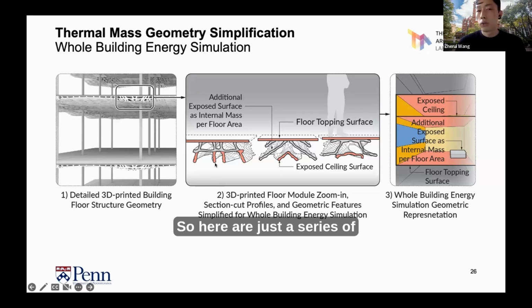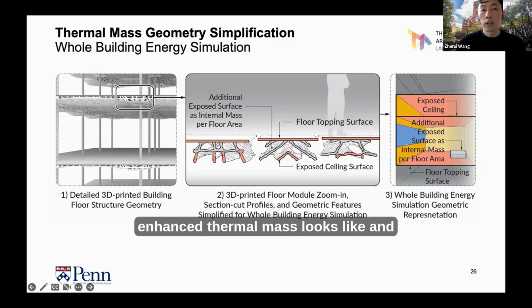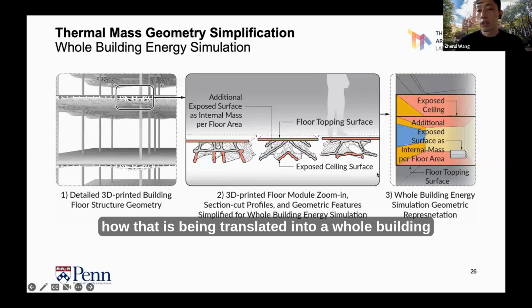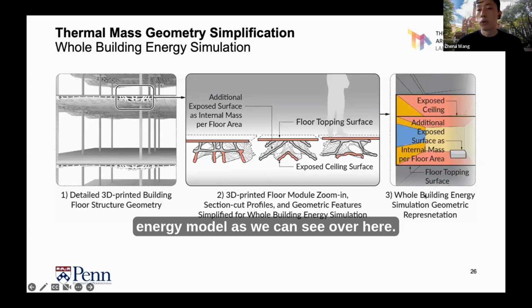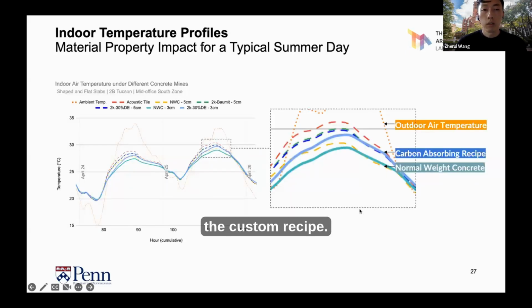So here are just a series of figures where we see what the 3D printed structurally and thermally enhanced thermal mass looks like, and how that is being translated into a whole building energy model, as we can see over here. So that it accounts for not only the expanded geometry and surface area, but also the material properties that we're testing with the custom recipes.